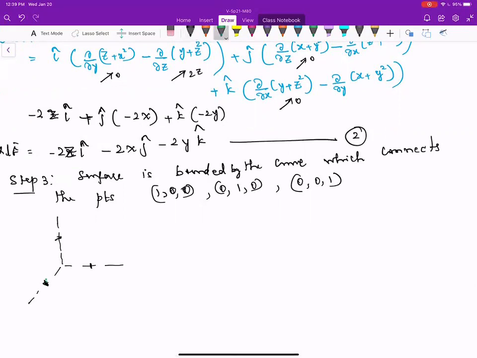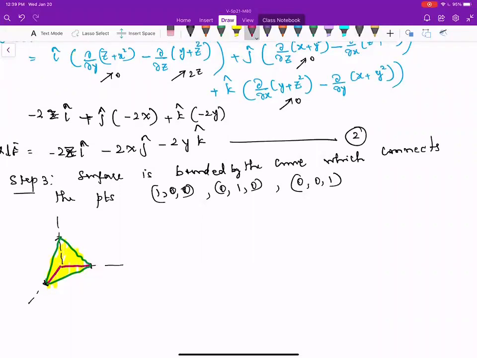So the surface is a planar region lying over the domain in the xy plane.